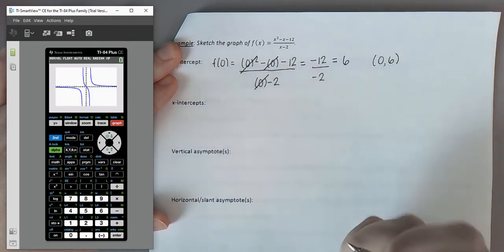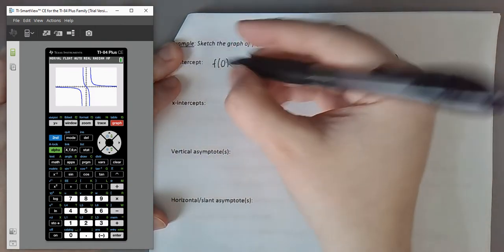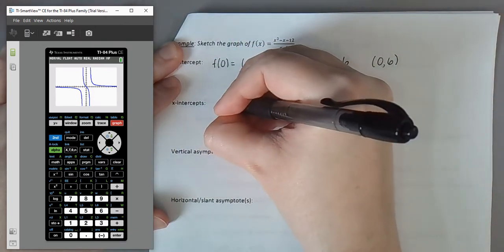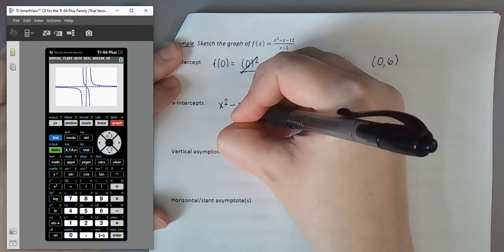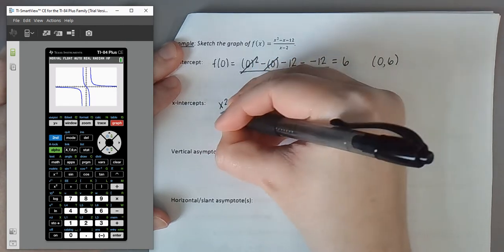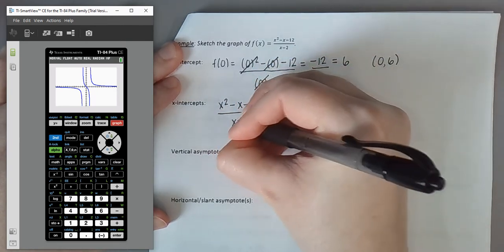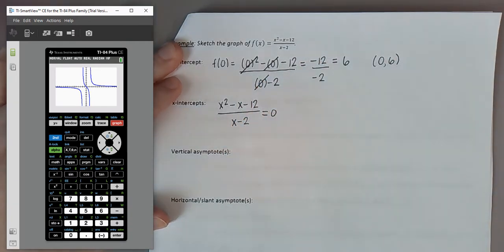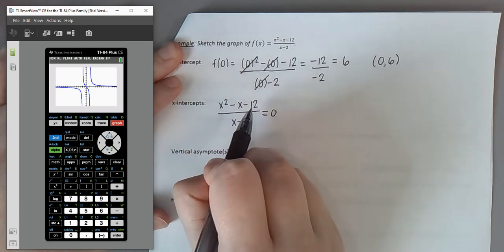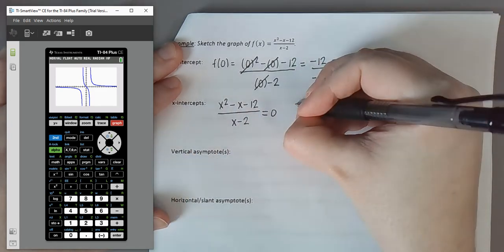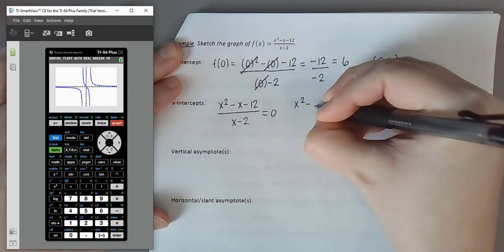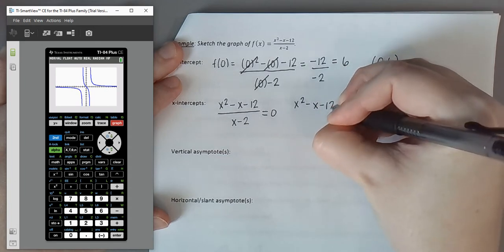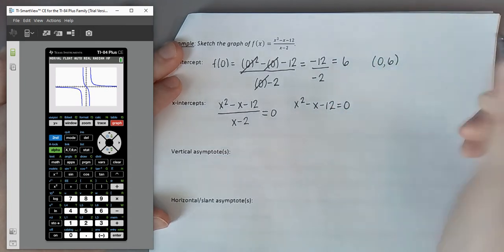Now what about x-intercept or intercepts? We're going to take our function, set it equal to 0, let y be 0. And then as we've discussed, the only way that ratio evaluates to 0 is if our numerator is 0. So I can also just take the numerator and set that equal to 0.